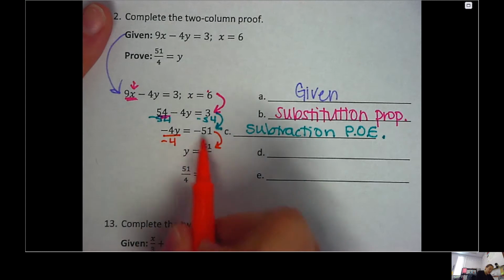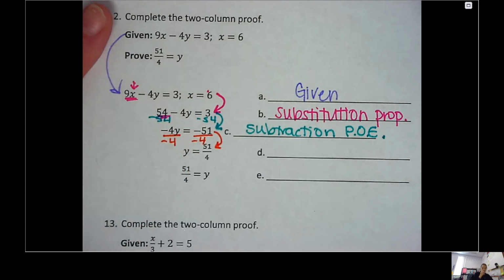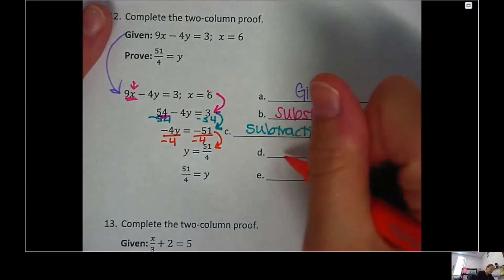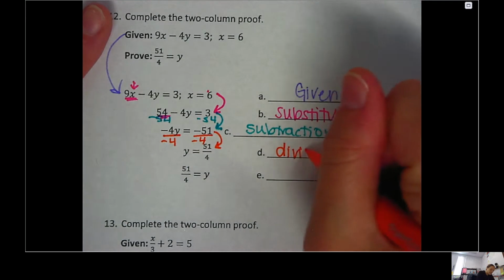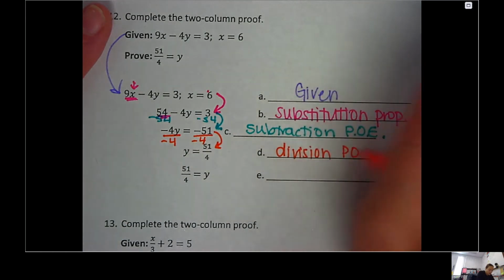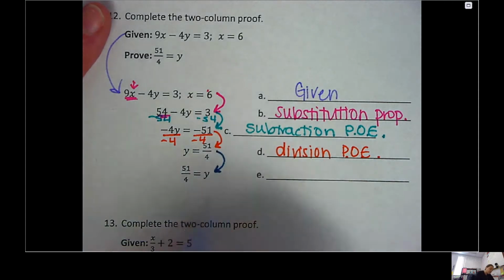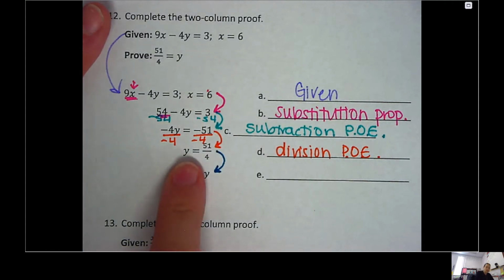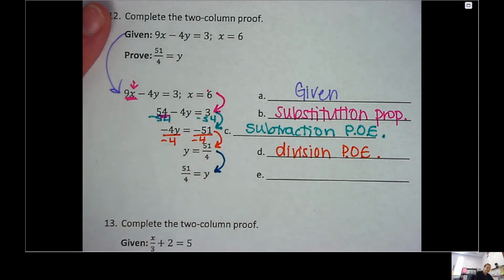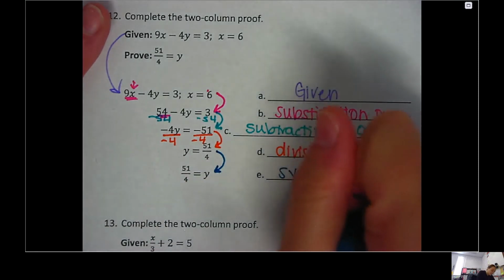Looks like I'm dividing both sides by -4. And so that is, again, on both sides, so it's the division property of equality. And then my last step is, you'll notice from D to E, the only thing that changed is I took my equation and I flipped it. They switched sides. When they switch sides, that is called the symmetric property.